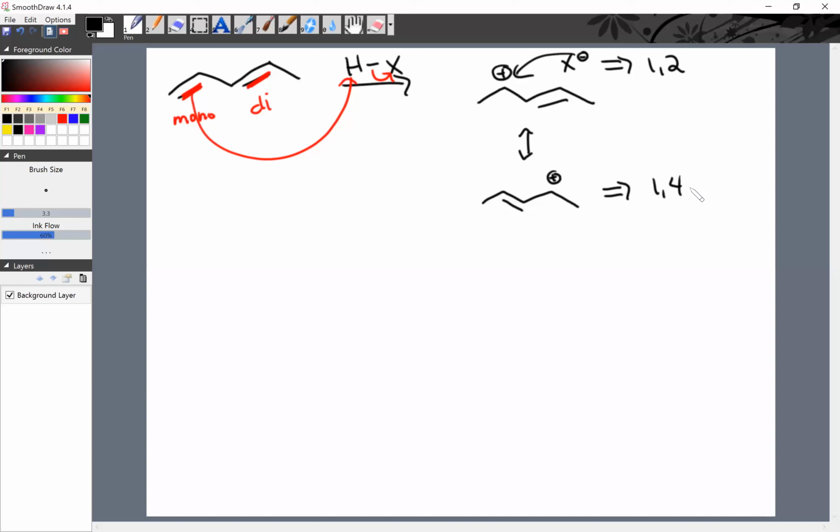Now, is there a major and a minor here? That depends on the conditions. So how are we going to control it? Well, the way we control all kinetically useful things is with temperature.